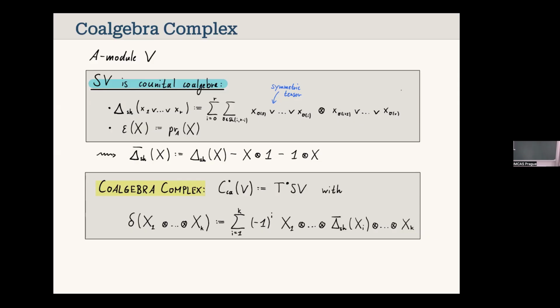I mean, no, the tensor product should not be over A. This should be over the field. Okay, now I'm confused. Because I guess you want to build an R or a C coalgebra. No. You're right. So it should be the field.